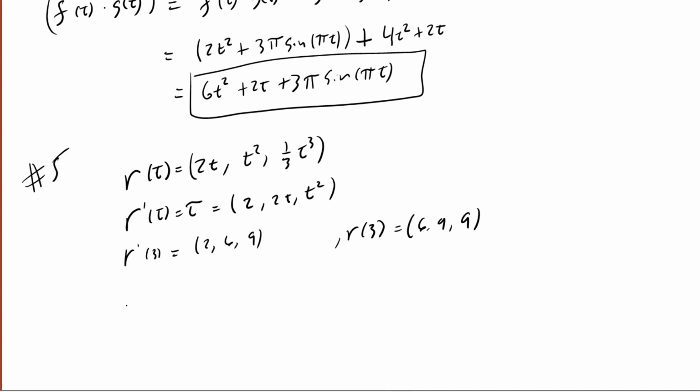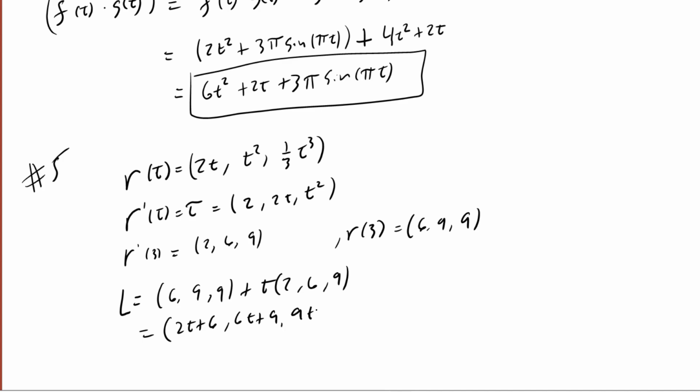So my tangent line is going to be my point on the line, (6, 9, 9), plus t times my direction vector, the tangent vector (2, 6, 9). Let me just write it as 2t plus 6, 6t plus 9, and 9t plus 9.